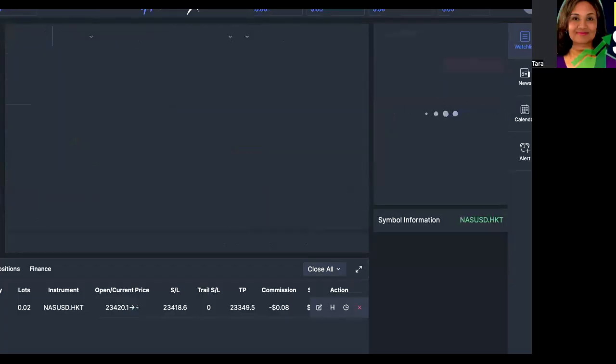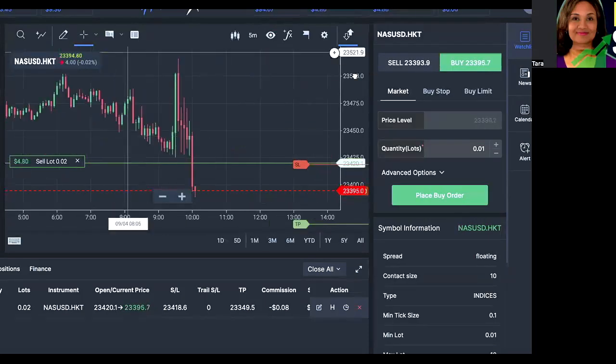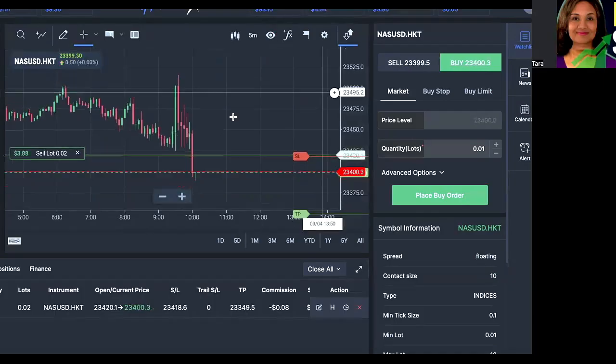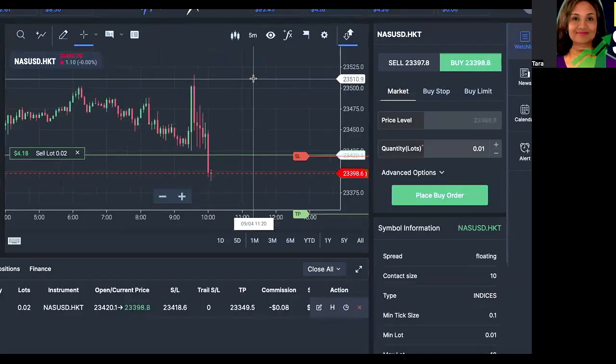And we will refresh our screen. All right, and then we'll leave a runner. And so we were hoping that price would continue on down to our TP. And so we'll wait and see what happens.